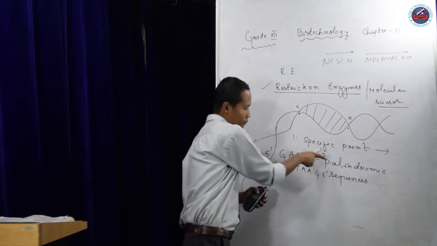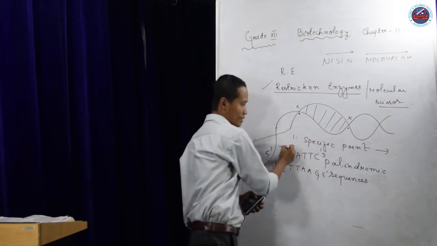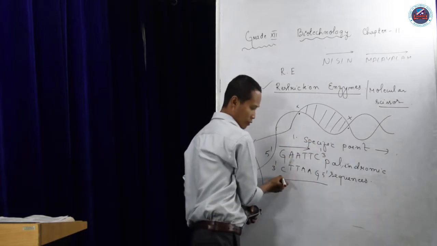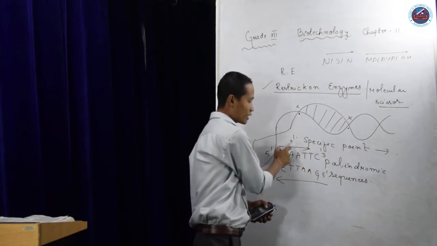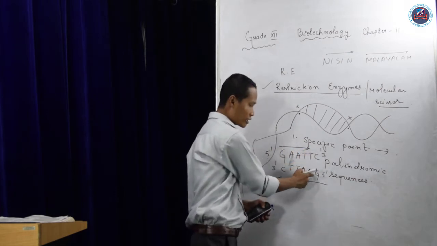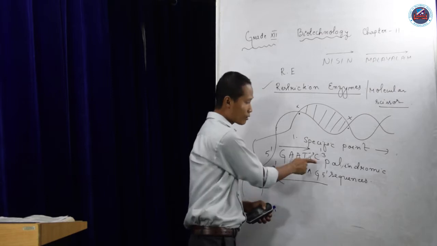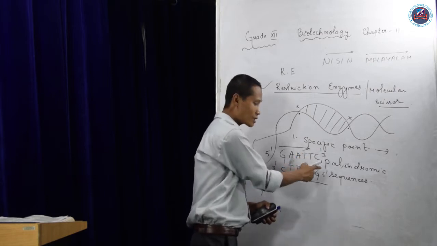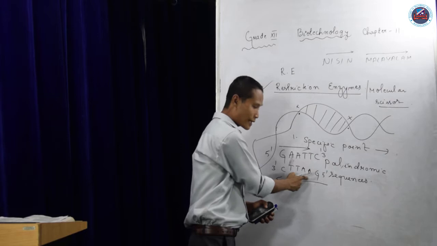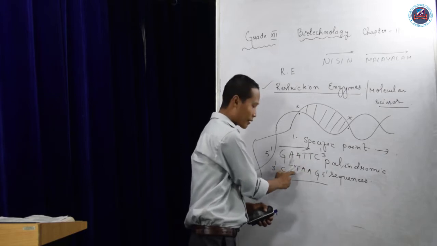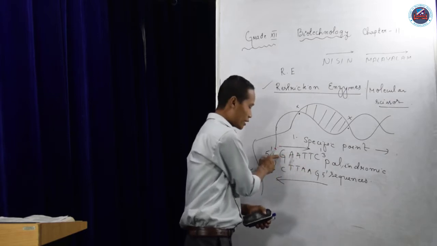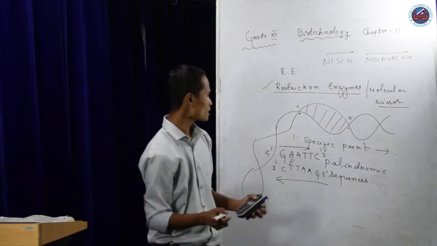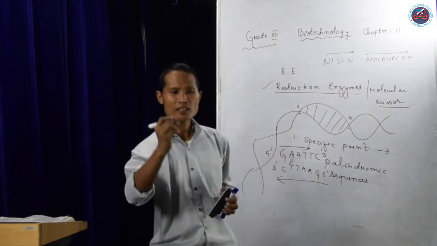So if you read forward or backward, it is the same, right? G-A-A-T-T-C. Because the complement of cytosine is guanine, of thymine is adenine, and so on. So these are said to be palindromic sequences.